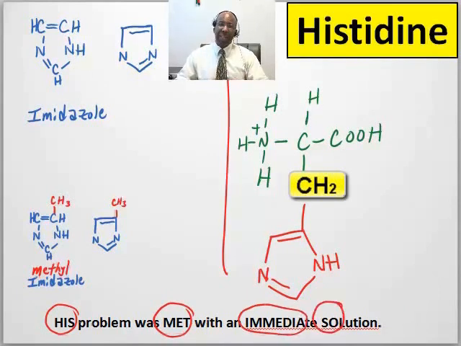Immediate solution is going to be imidazole. And I know that's a tough one, that's a stretch there. But here we are. His problem was met with an immediate solution. If you can remember that, you'll have an association in your mind between histidine and methyl imidazole. This is the amino acid histidine. Hope you can remember it.